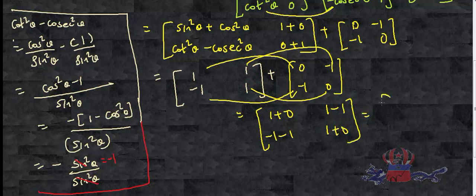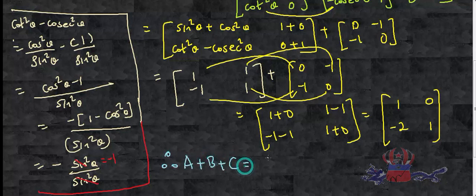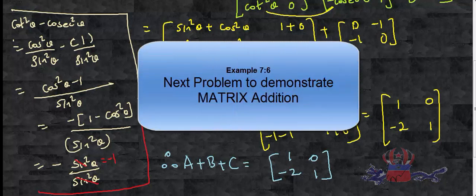This would give me 1, -1 and -1 would be -2, 1 - 1 would be 0, 1 added with 0 would give me 1. So thus the final solution is, therefore, A + B + C would give me the matrix [1, -2; 0, 1]. Of course, you don't need to do all these lining and mapping. I did this just to show you how exactly this question is evaluated.